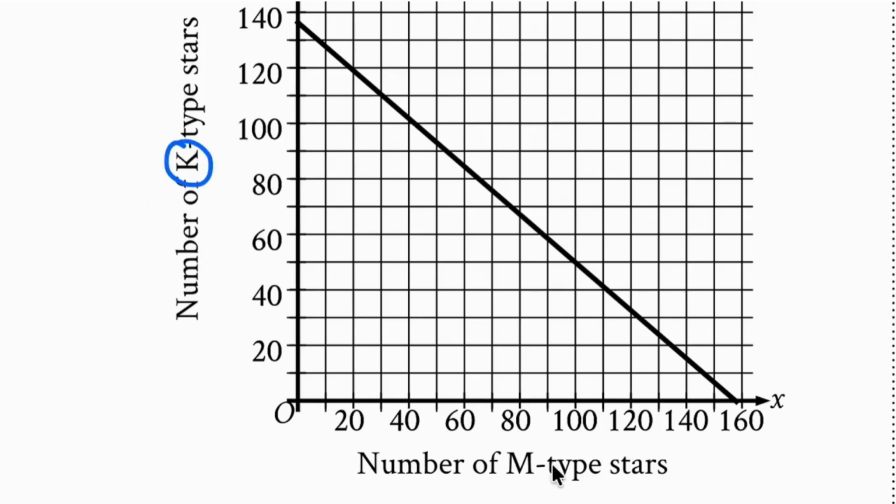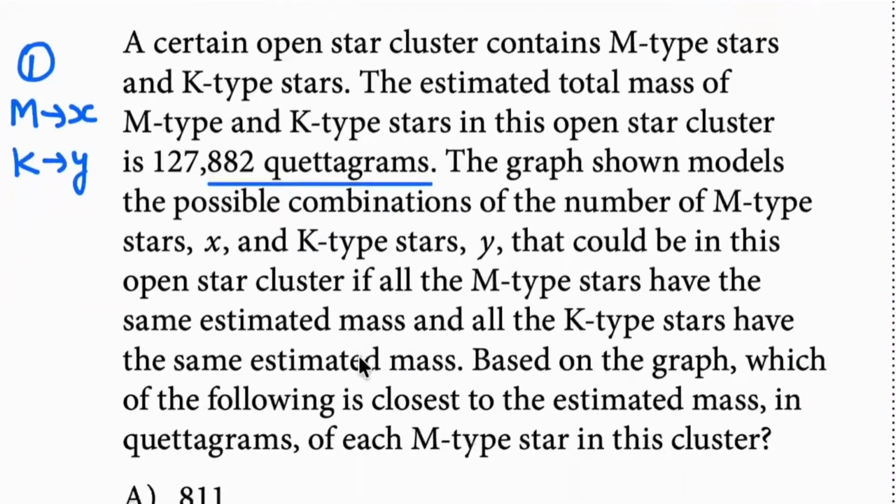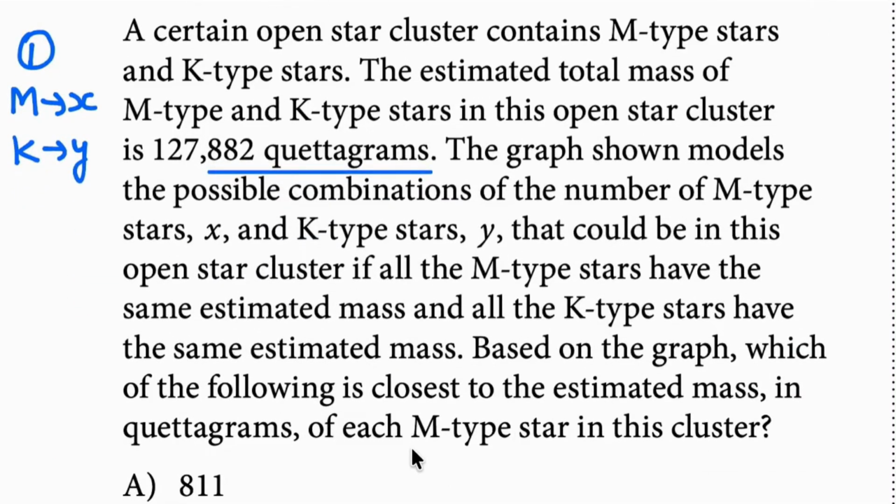It is about the number of M-type stars. So why not take this point where the number of K stars is 0, right? If I find the coordinates of this, it is approximately 158 and 0, right? Because the question is only asking about M-type stars.